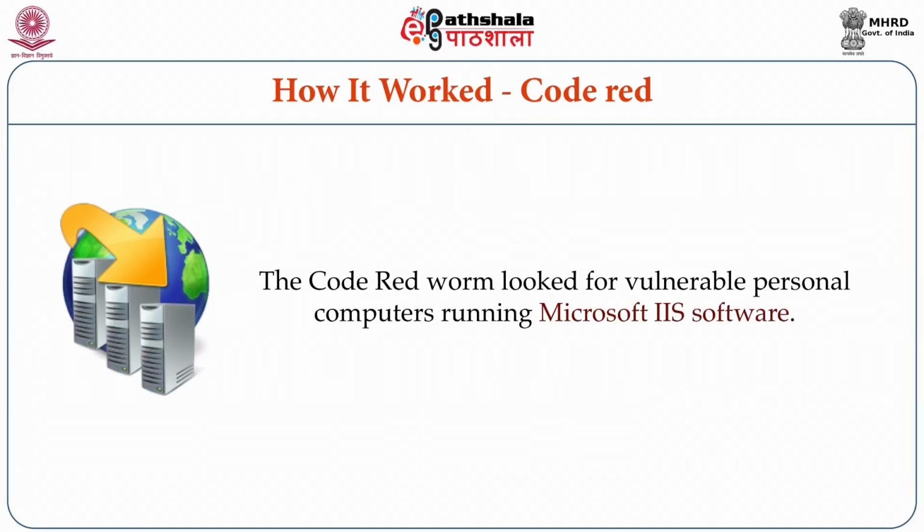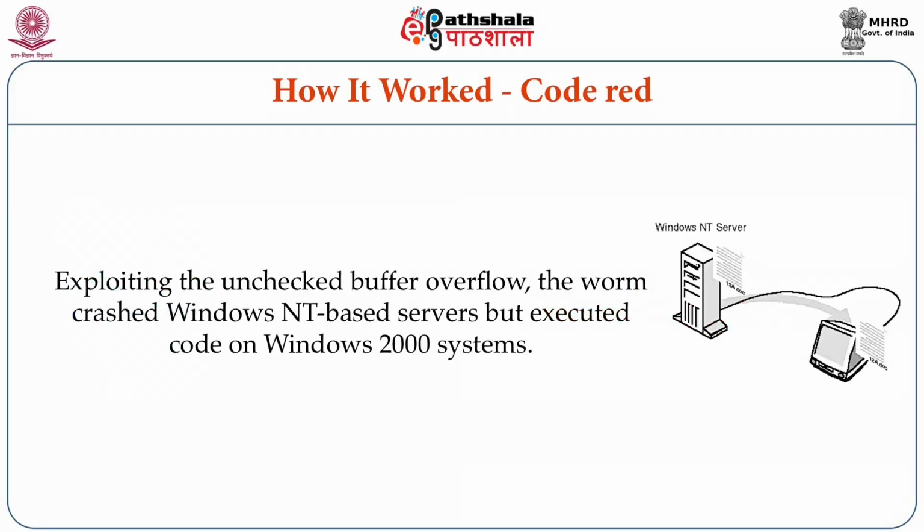Code Red looked for vulnerable personal computers, and as I told you, it works with the Microsoft IIS server. It tried to exploit the unchecked buffer overflow; the worm crashed Windows NT-based servers, but executed code on Windows 2000 systems.